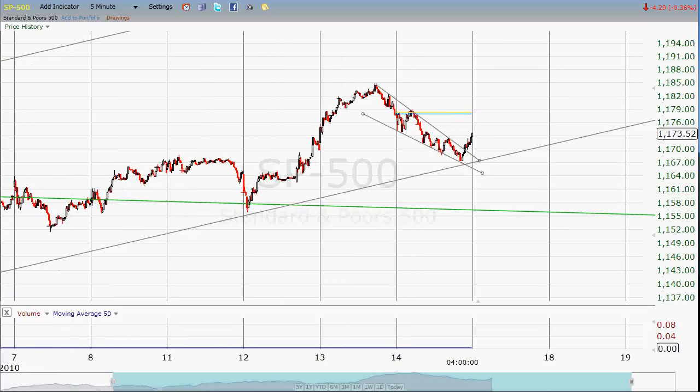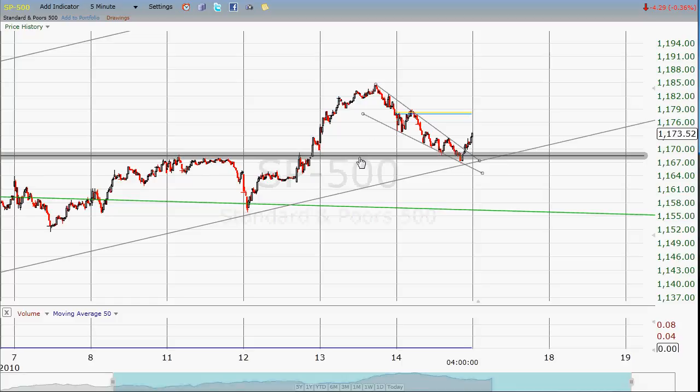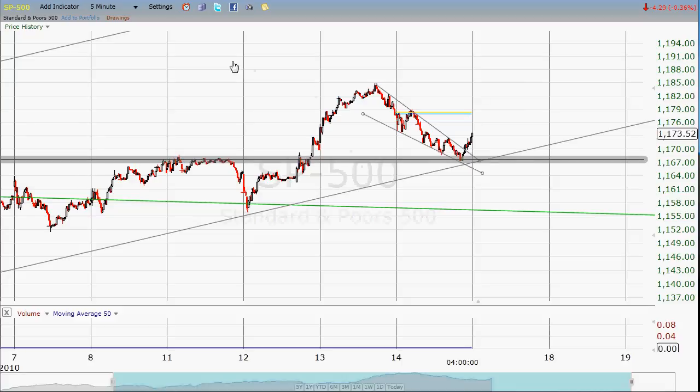If we draw a horizontal line and move it to where it needs to be, we'll see that that resistance that was difficult to break has now turned into support. That's typical. It should remain support now for at least a while. I think we're headed on up, and I look for a good day tomorrow.